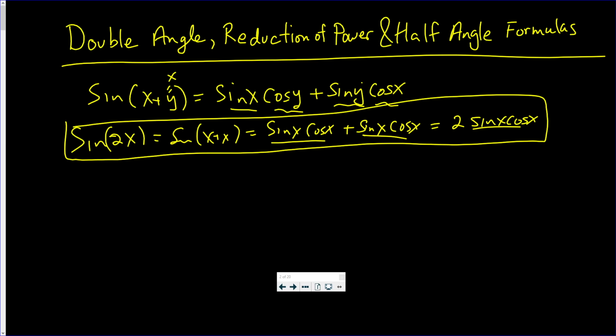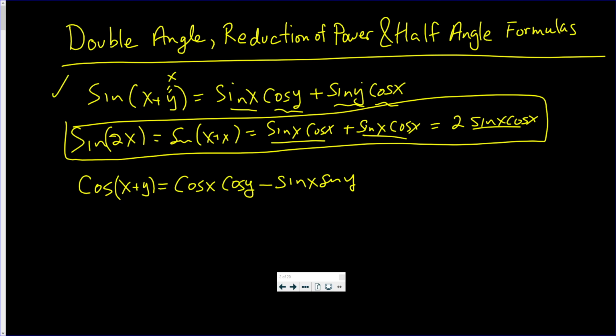Okay. The other formula that you can get for free comes from this one. We remember what the cosine of x plus y is. It's the cosine of x times the cosine of y minus the sine of x sine of y.